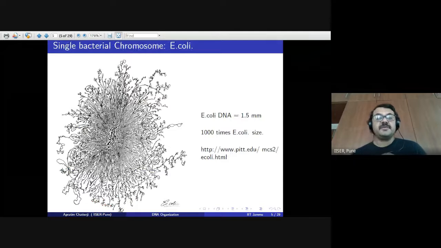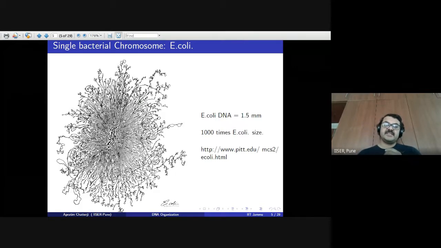But again, to give you an idea of the length scales involved, this is basically an E. coli cell, and its DNA has been made to burst out of the cell by making the cell wall softer. And these lines that you see around are the DNA. You see, it's extremely long.